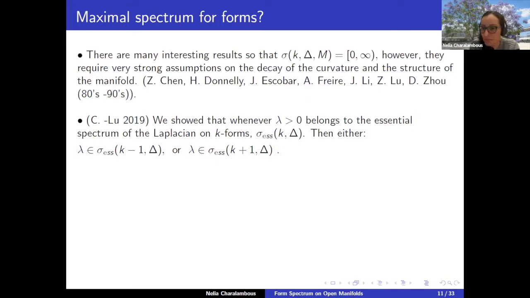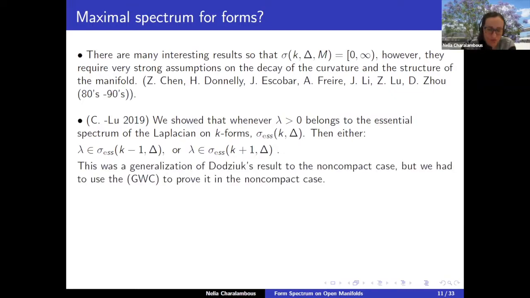Then this number must belong either to the essential spectrum of the Laplacian on K-1 forms, or in the essential spectrum of the Laplacian on K+1 forms. So it must have come from one of two places. And this has to do a little bit with the Hodge decomposition theorem for K forms, for the space of L2 K forms.